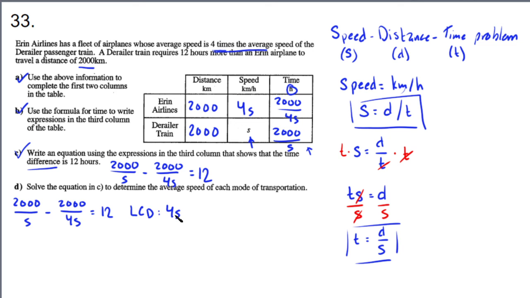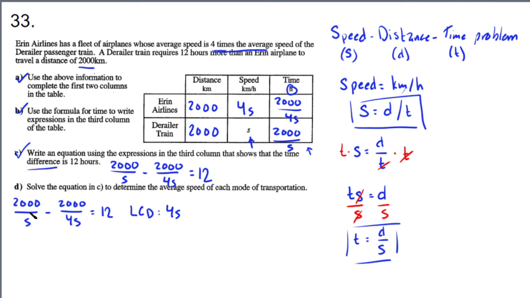Now, our goal here is to eliminate the variables, the s here and the s here, in the denominator so that we can solve. The way we're going to do that is to multiply each term by 4s.